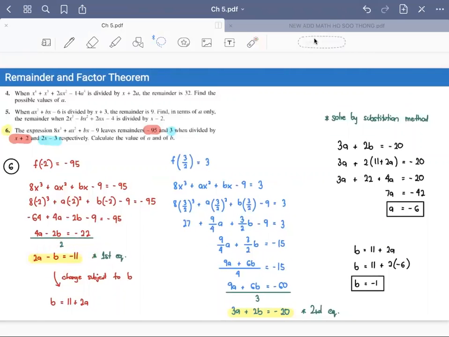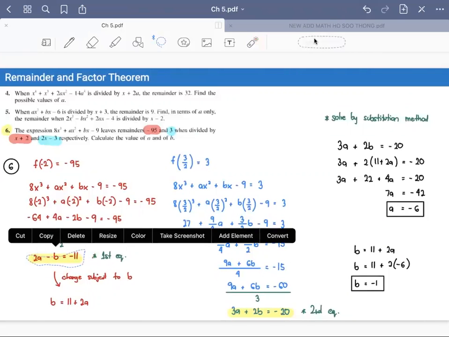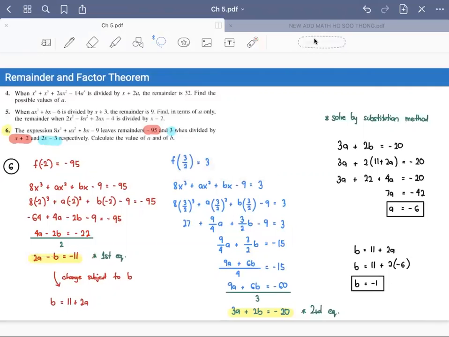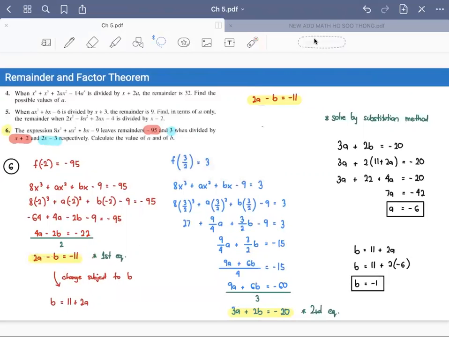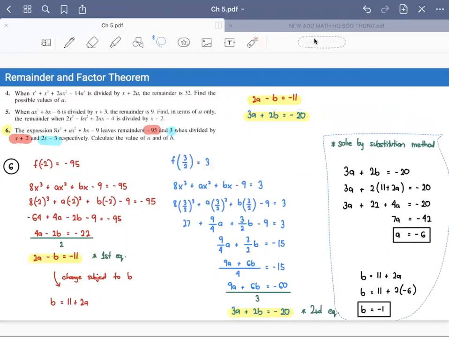So wait, let me just write them together. Okay, so you guys will see. Here's your first, and here is your second equation. I'll just move it right here.